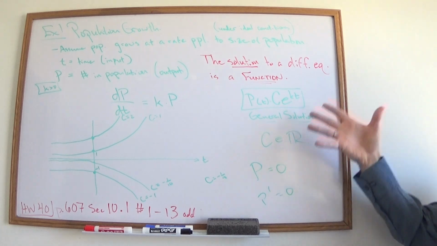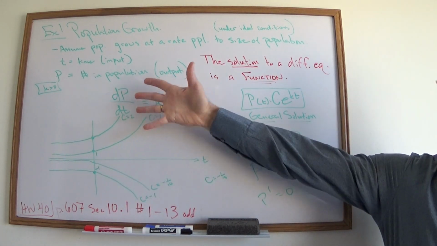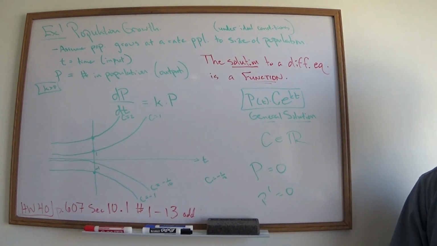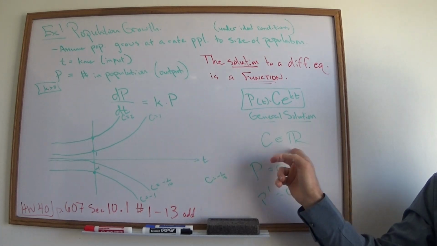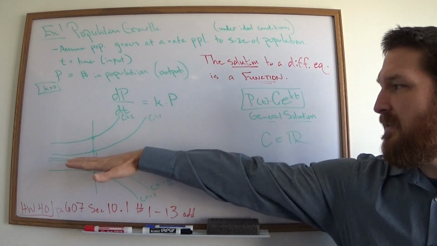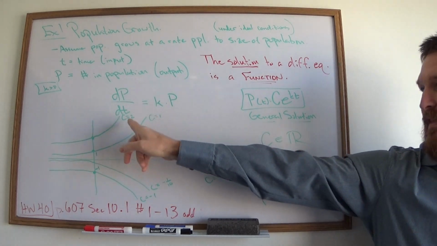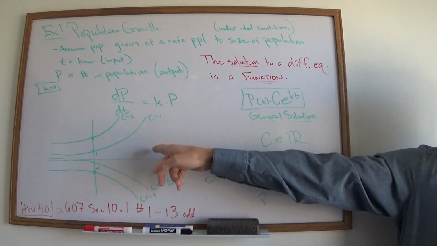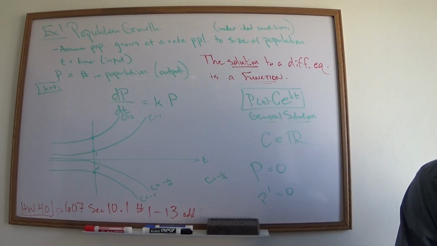And so what we end up with is that the general solution is really a family of functions that all look like this. You could imagine if you let c go through all the real numbers, you're going to fill up this entire space with this family of curves.